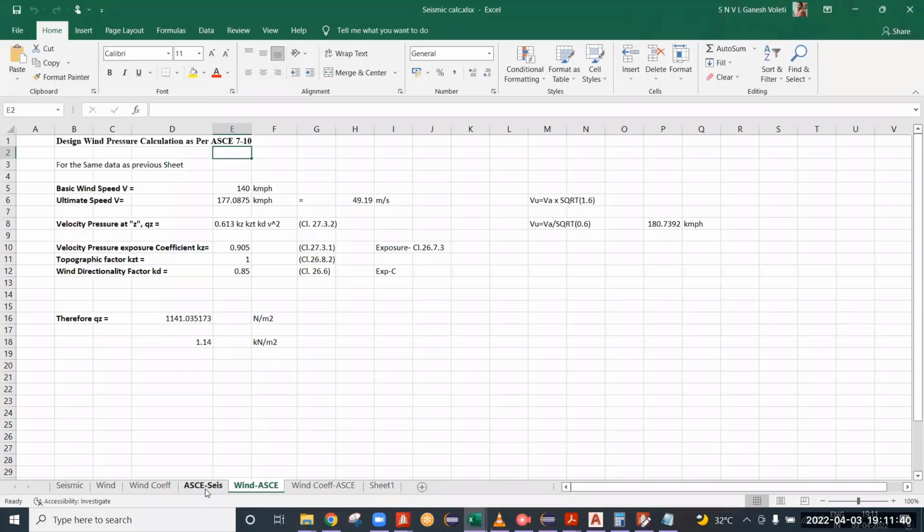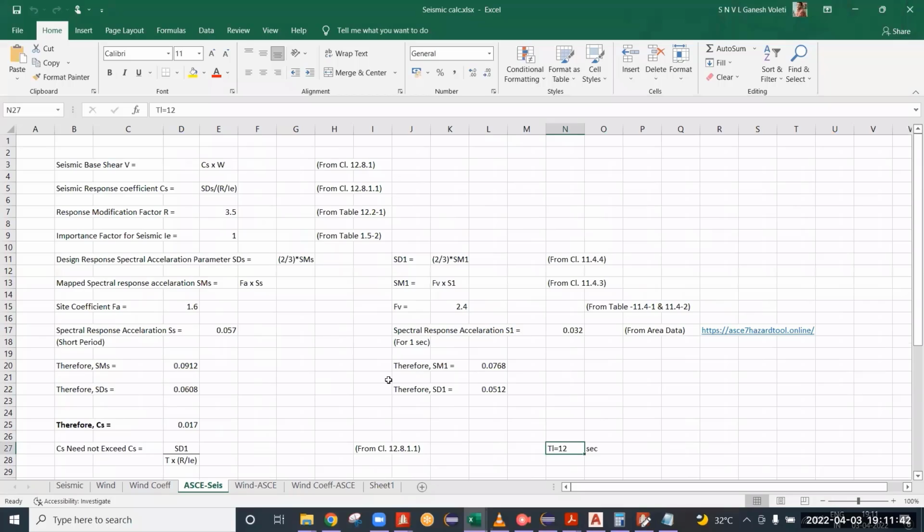If you go to ASCE seismic, we have seen the R value, importance factor value, SS, S1. All these are simply called seismic parameters, and we have to give them in this session.